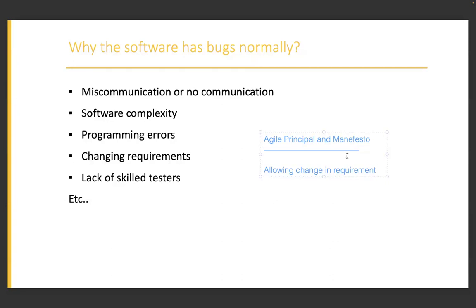If someone is using a very good design or UI UX, obviously you will also update your design, correct? So you are updating your requirement, guys. That usually happens, we are allowing change in requirement.